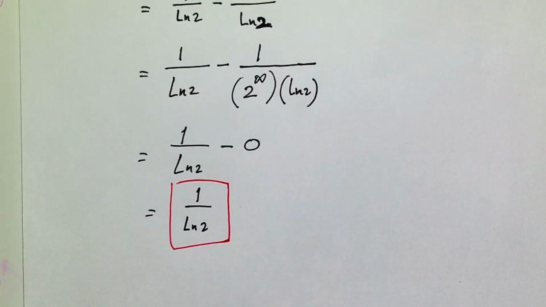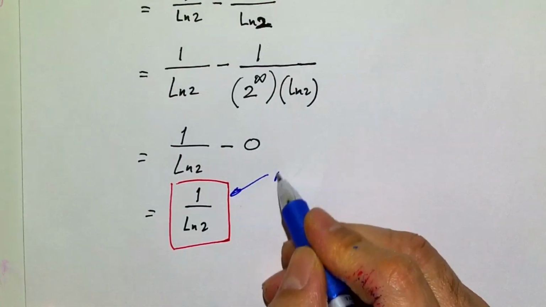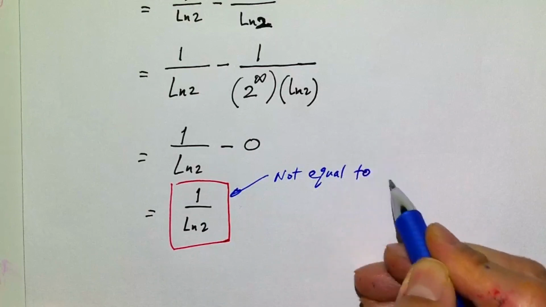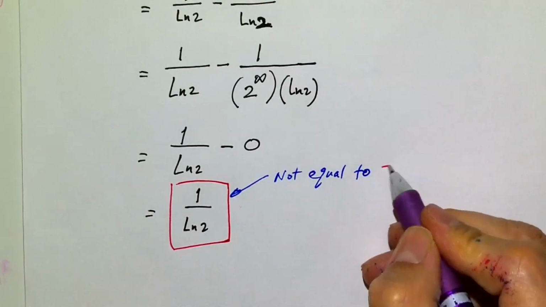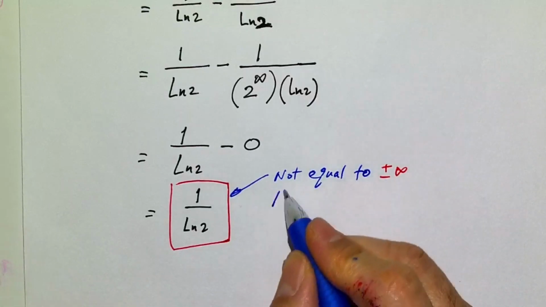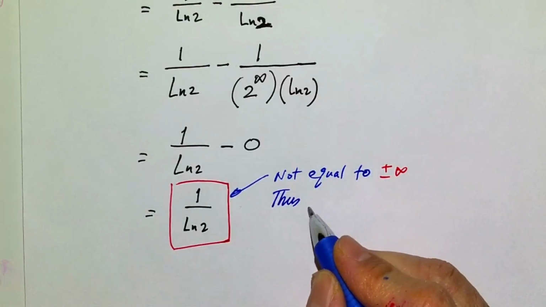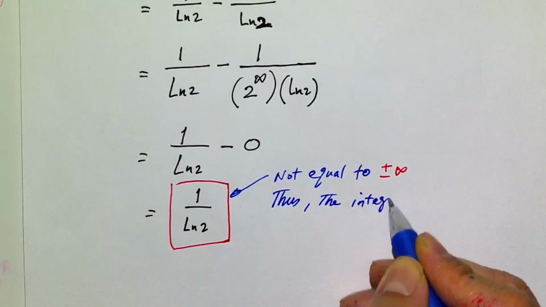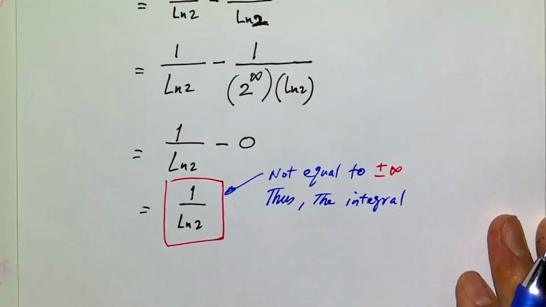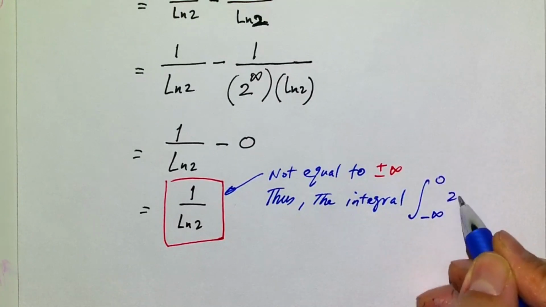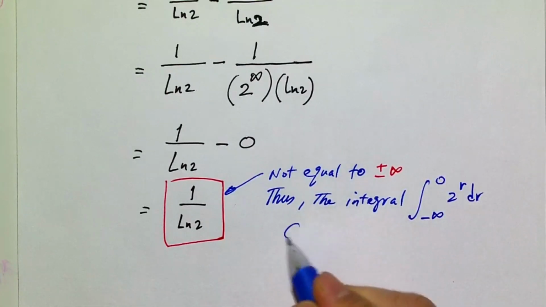And as you can see, this is not equal to plus or minus infinity. Therefore, the original integral, the integral from negative infinity to 0 of 2 to the r dr, converges.